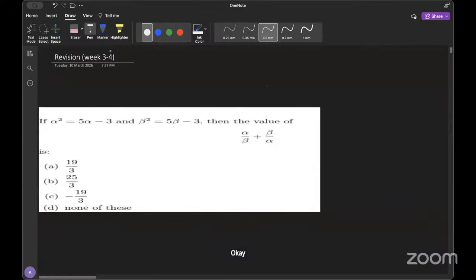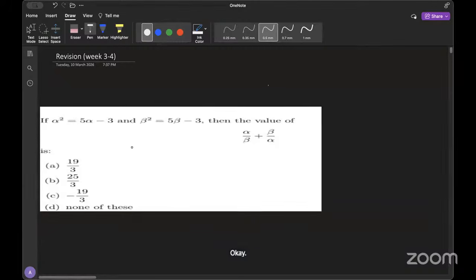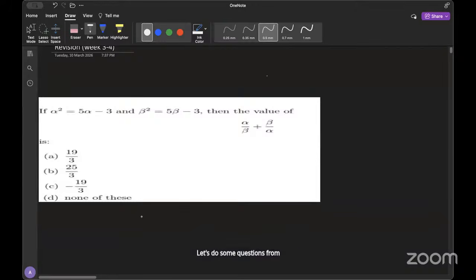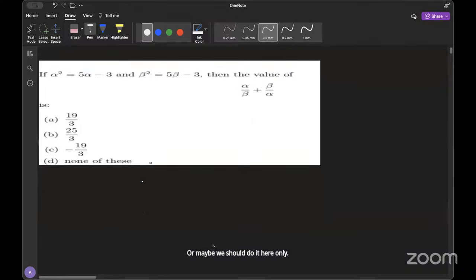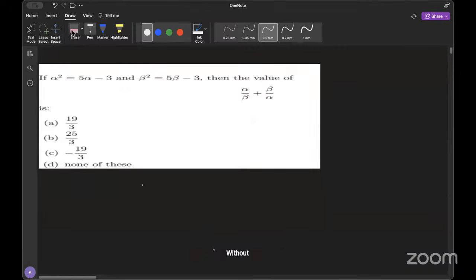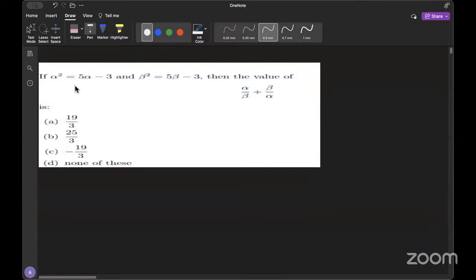Okay, so let's do some questions from week 3 and 4. This is the first question that we have to do. Give this question a try and then we'll do it. Here it says that alpha is a number that satisfies this equation.